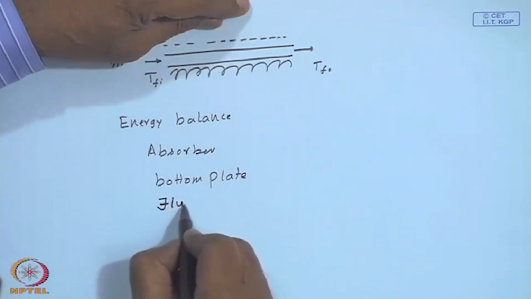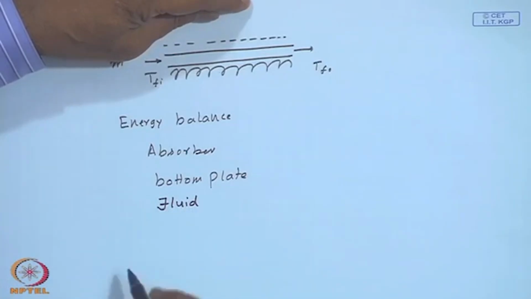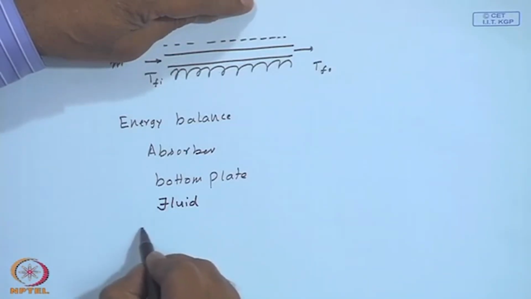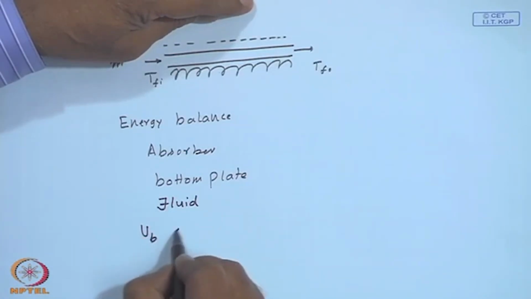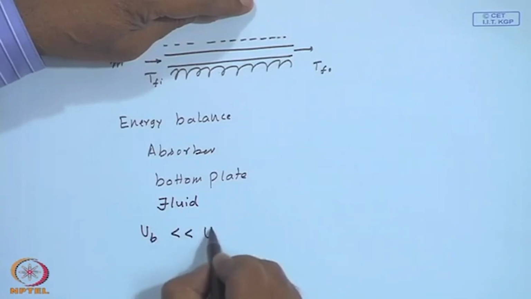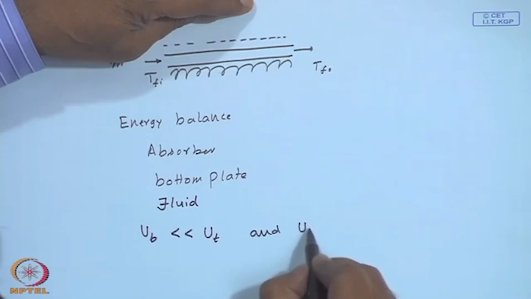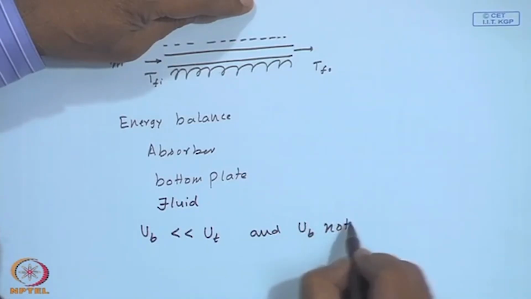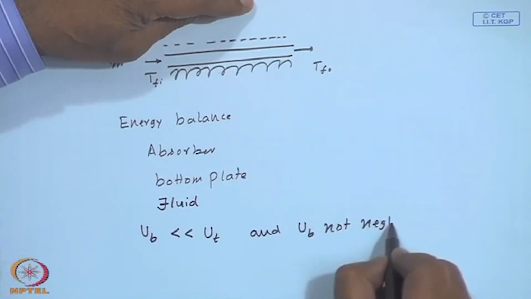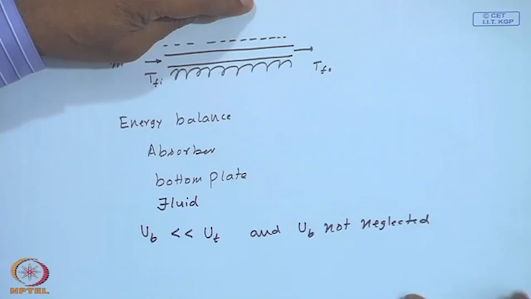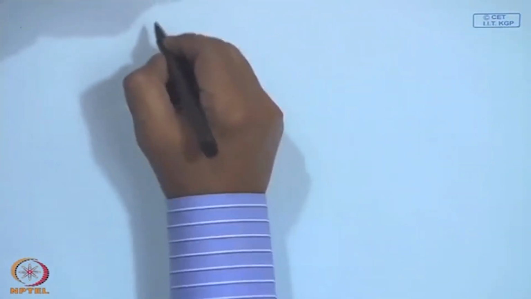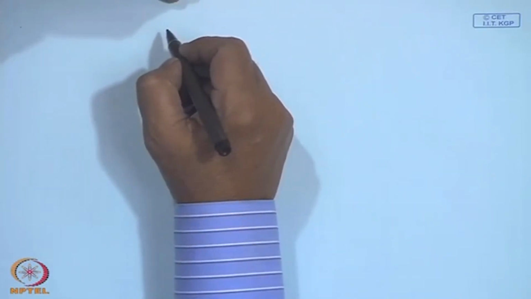So, two cases we considered, U b less than U t and U b not neglected. We will get an overall loss coefficient, which is expressed in terms of U t and U b and other heat transfer coefficients.